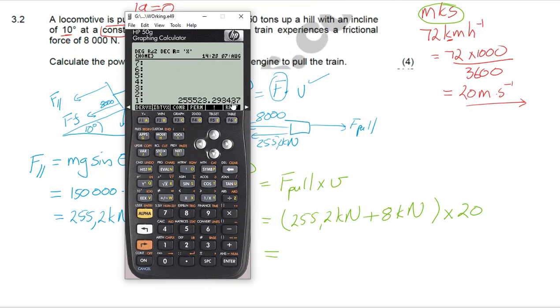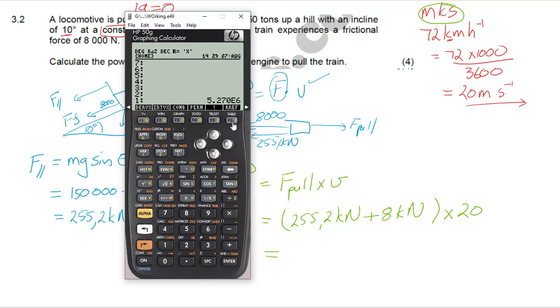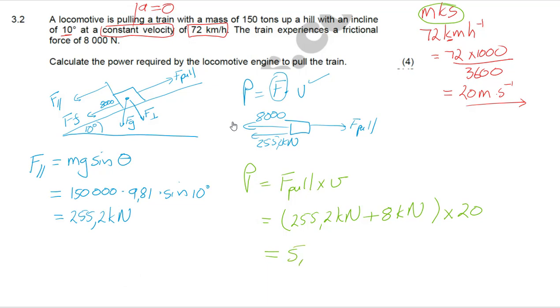So I've kept all the decimals, they're still there, plus 8,000. And I need to multiply that with 20. Wow, what a big number. 5270465. Okay, I'm not going to write all of those. Let's write it in scientific notation, or engineering notation, I think would be a better one, with 3 decimals. So this answer is 5.2 mega, because it was a 10 to the 6, watt.